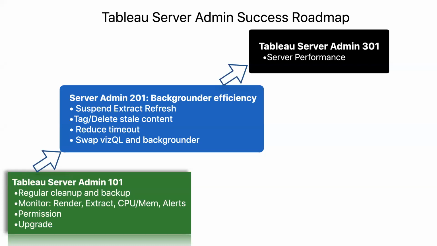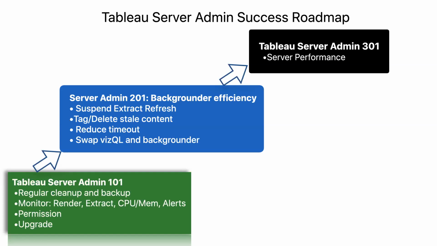Then back in September, I talked about how to improve background efficiency, focusing on the 2020.3 new features, suspend extract refresh, and tag stale content. You can also, of course, reduce timeout, and you can make more bandwidth by swapping VizQL with backgrounder at any time.